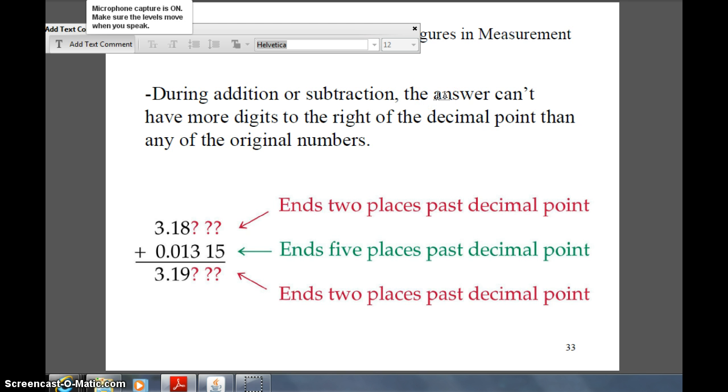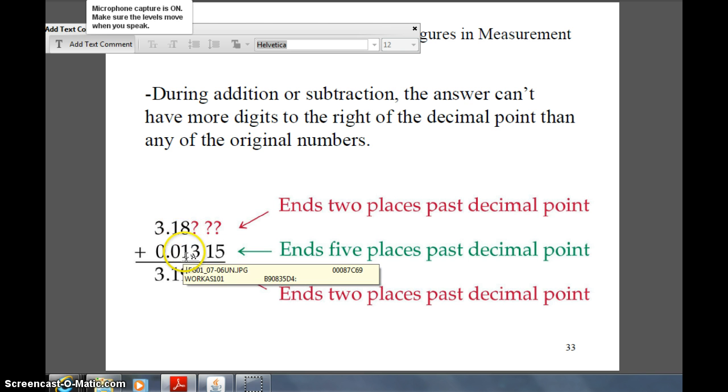Things are a little bit different in the case of an addition or subtraction. In that case, the answer does not have more digits to the right hand side of the decimal than any of the original numbers. What I mean by that is that if you have, let's say, 3.18 and you're adding 0.01315, now you have more digits. There are 5 decimal places past the decimal point, whereas there are only 2 for the other number.